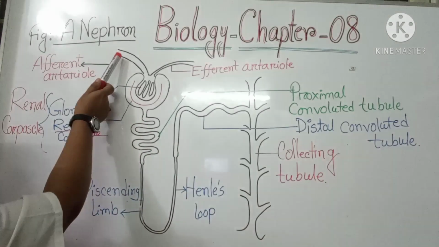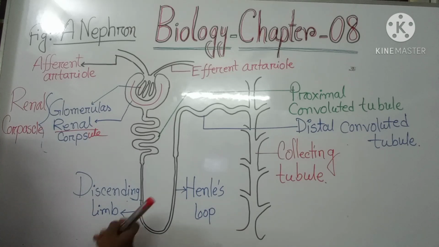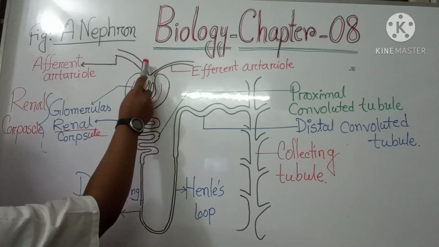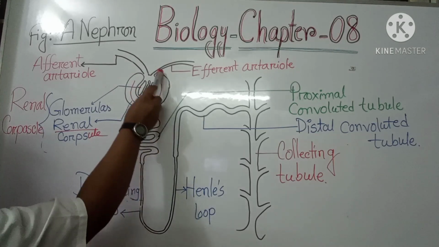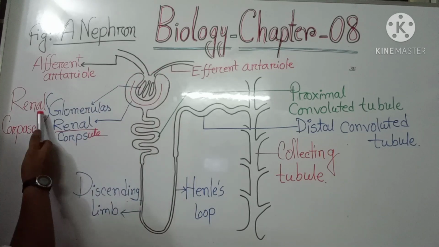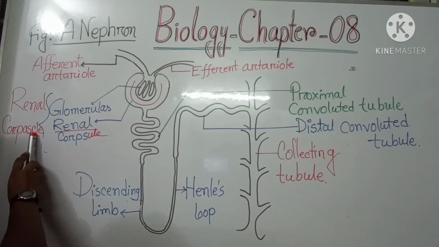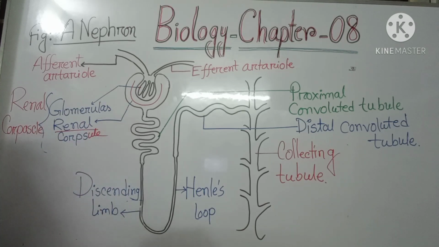This is the afferent arteriole, which is wider than the efferent arteriole, and this part is called the renal corpuscle. There are two parts in the renal corpuscle.